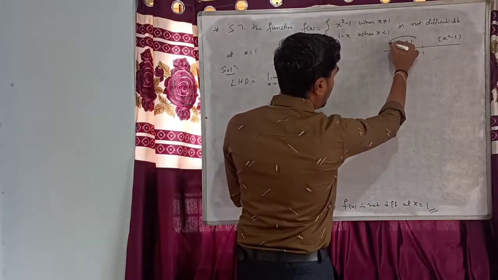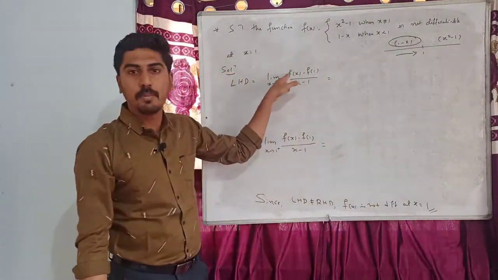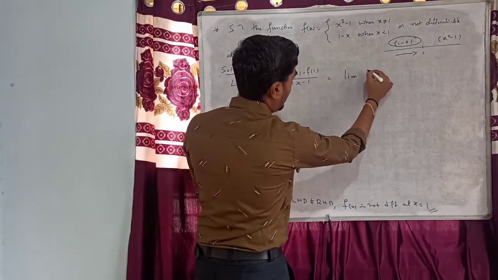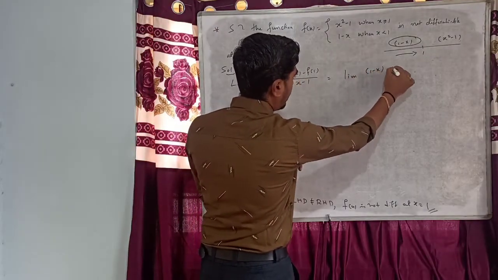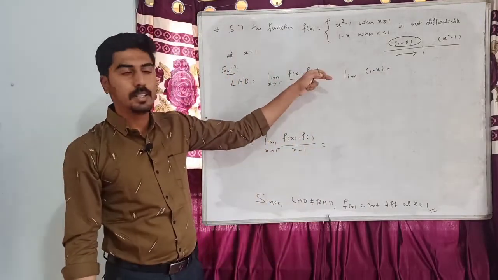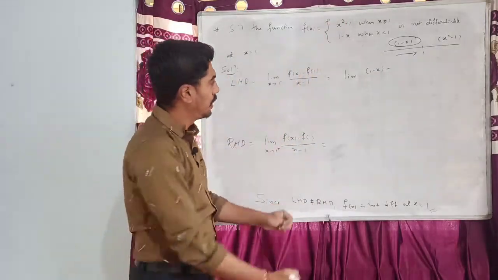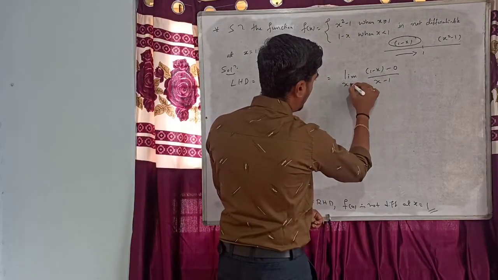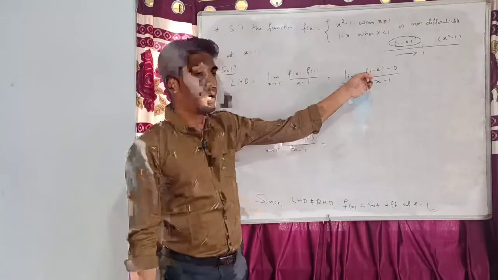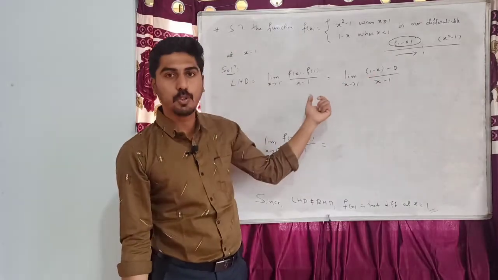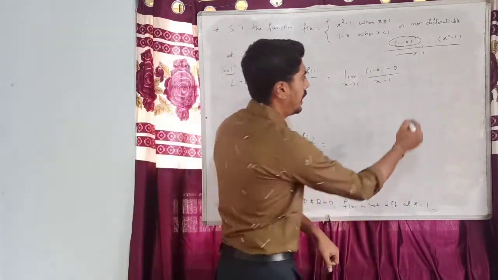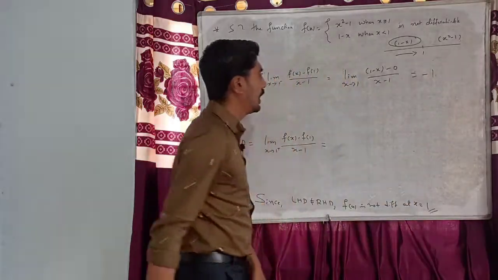So the value of f of x is 1 minus x. So this will be equal to limit of 1 minus x minus f of 1, which is equal to 0, divided by x minus 1 as x tends to 1. Here I have 1 minus x, take minus 1 common, so x minus 1 and x minus 1 get cancelled, I get minus 1.